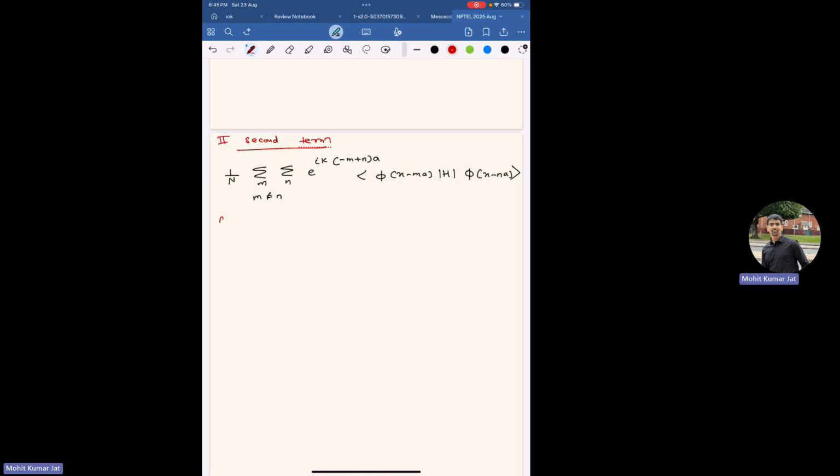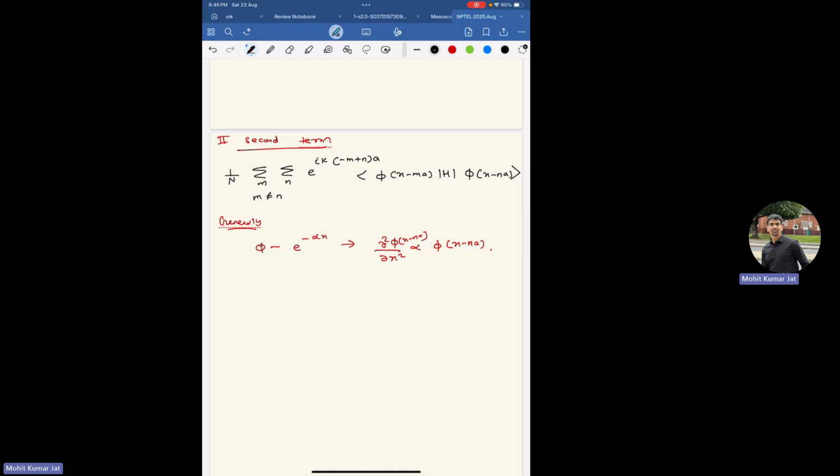So generally, phi's are e to the power minus alpha x. This implies del 2 phi by del x square is proportional to phi x minus na.